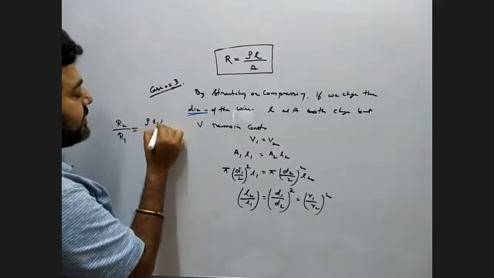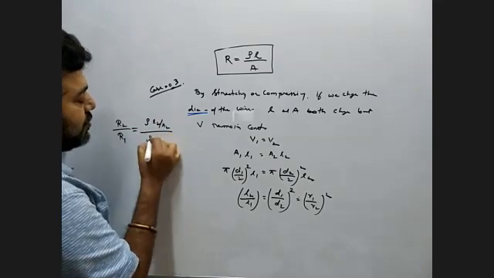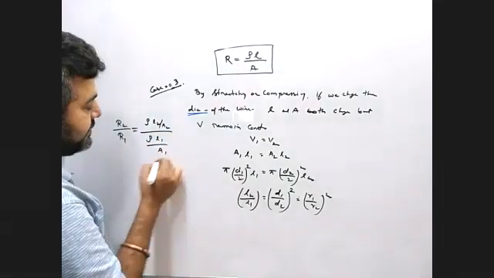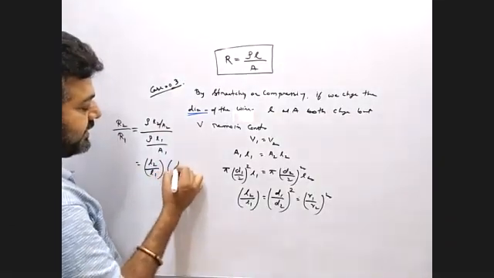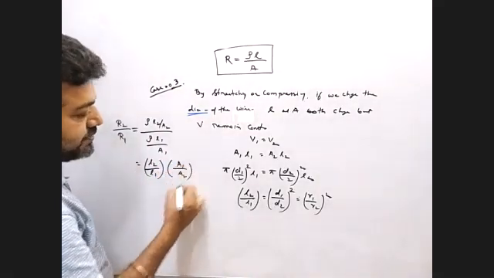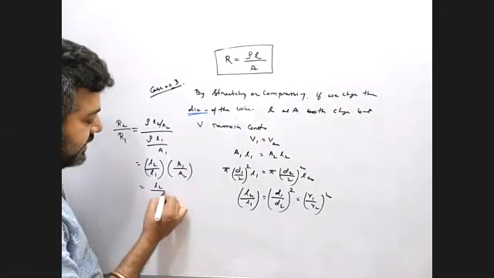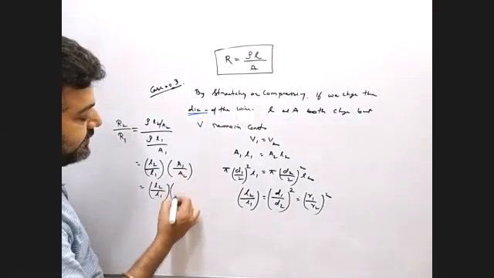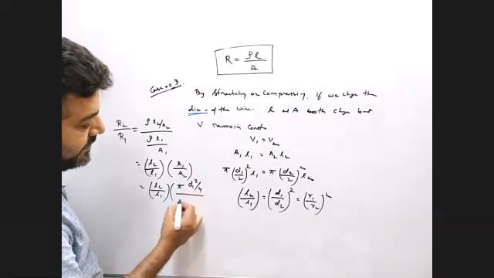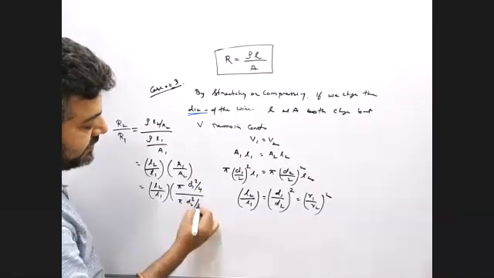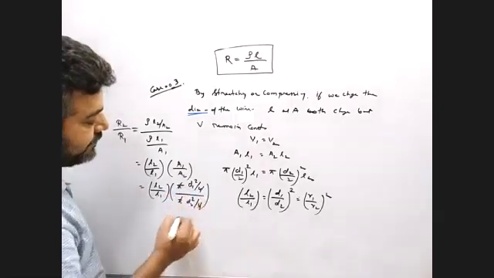After that, R2 by R1 is rho L2 by A2 over rho L1 by A1, that is L2 by L1 times A1 by A2. Now A1 is pi D1 square by 4, A2 is pi D2 square by 4, pi and 4 cancel.